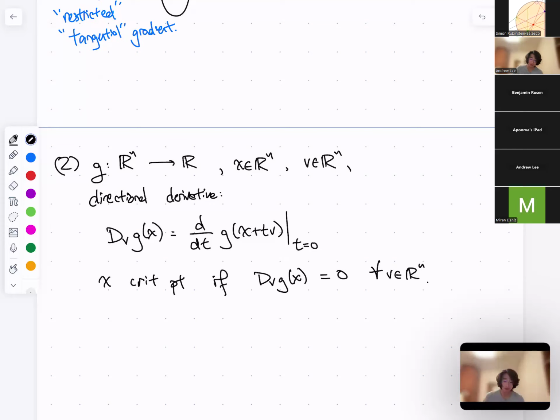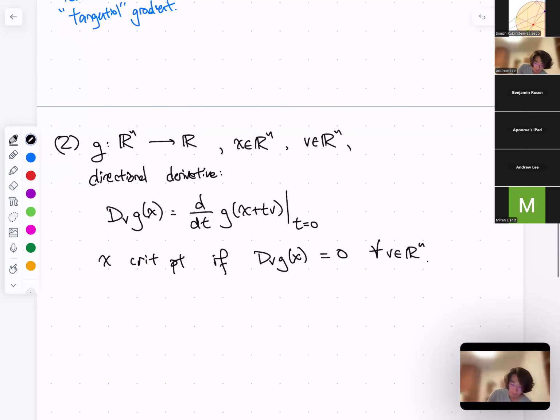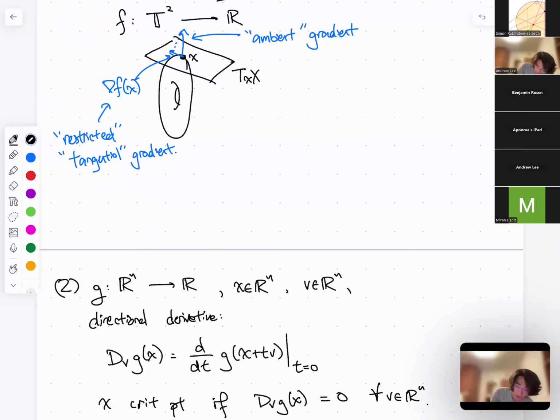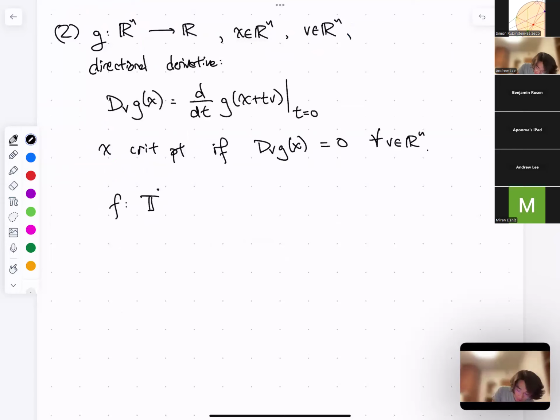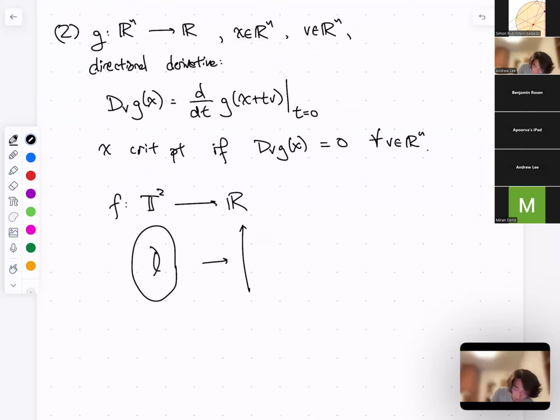Now, again, if we want to return to the torus, we have to do this restricting. But hopefully it's a little bit clear what this restriction should be. If I have f from T2 to R, our example earlier, recall we only really care about the directions in this tangent space.